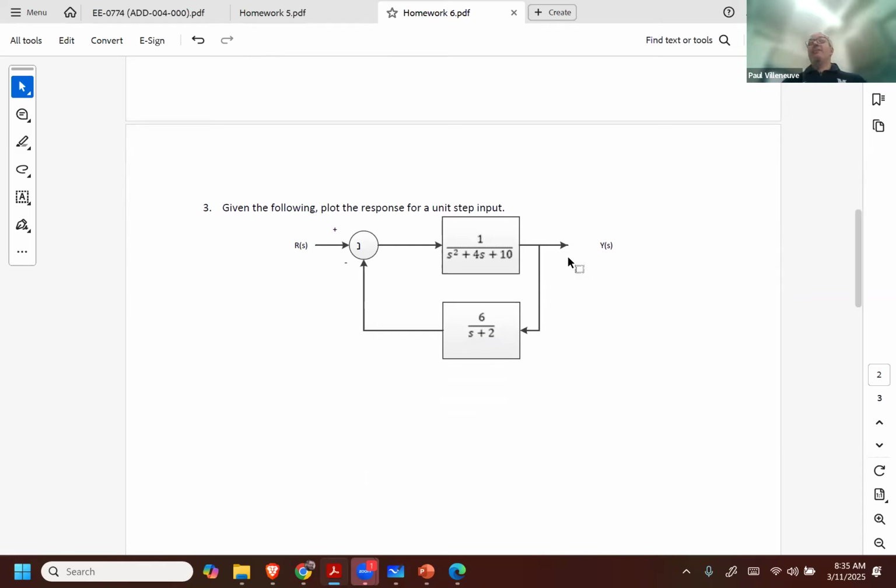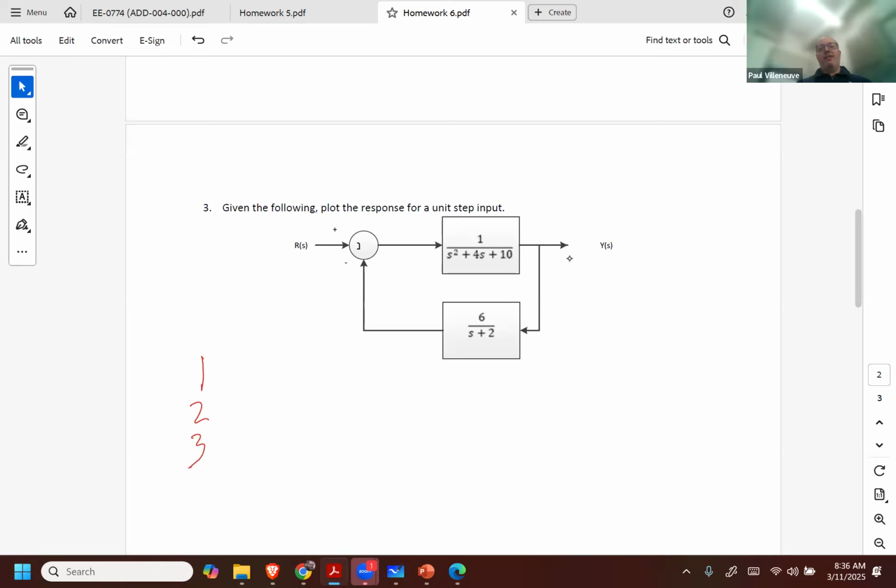Now we got to do a really simple block diagram, but I'm actually asking you to plot the response for a unit step input. How would you plot the response of a unit step input? Would you use MATLAB to possibly put in your transfer function that you get from your block diagram?